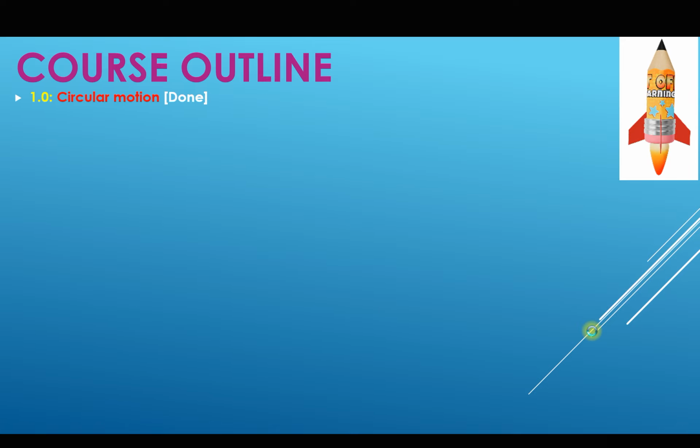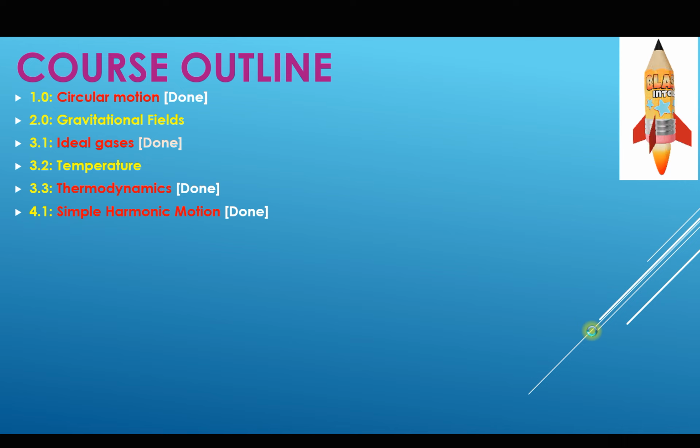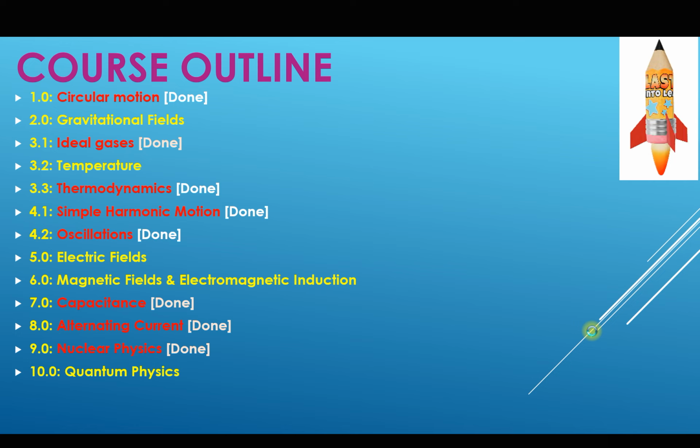The course outline involves concepts such as circular motion, which I have already recorded, concepts like gravitation, which I will record later on, concepts like ideal gases, which I have already recorded, concepts like temperature, which I'm going to record today, concepts like thermodynamics, which I've already recorded, simple harmonic motion and oscillations, already recorded, electric fields, I'll record it later, magnetic fields and electromagnetic induction, I'll record it later, capacitance, that one has already been recorded, alternating current has been recorded, nuclear physics has been recorded, quantum physics will be recorded later on.